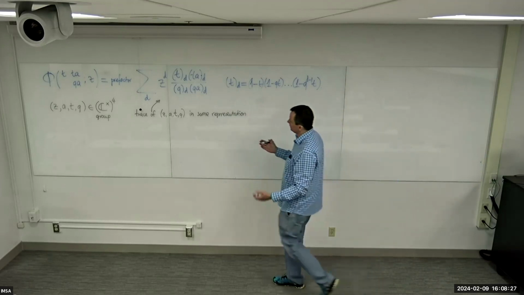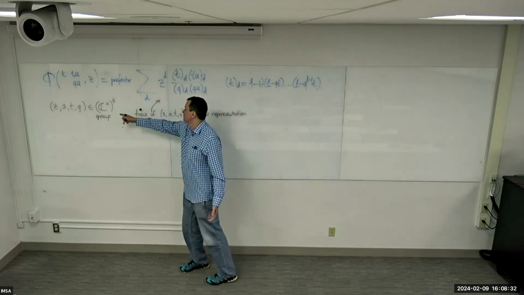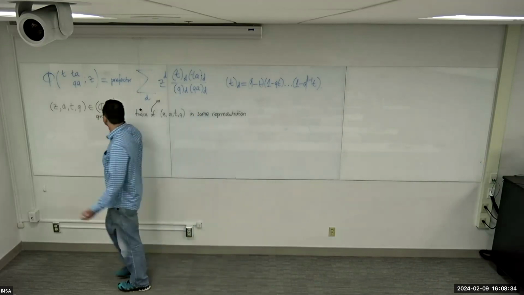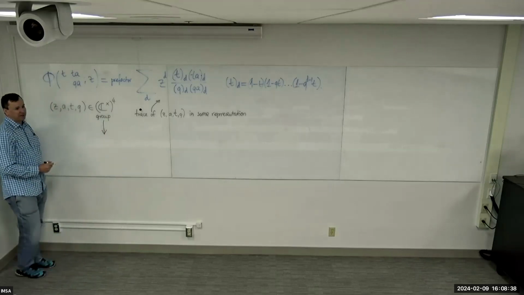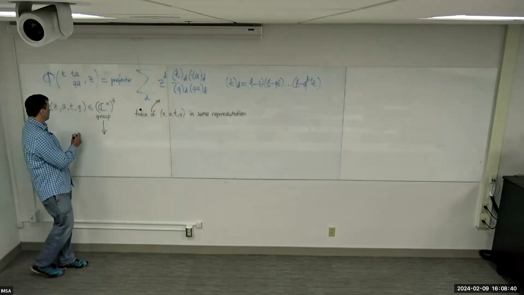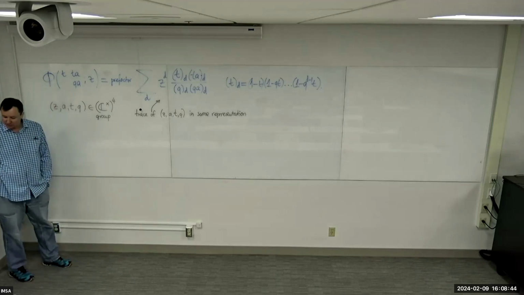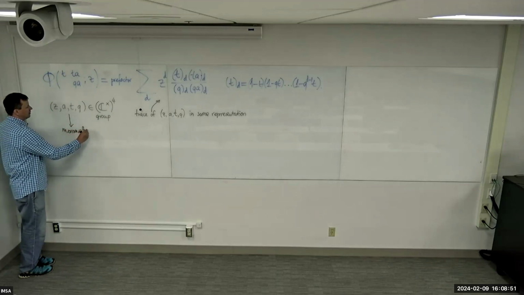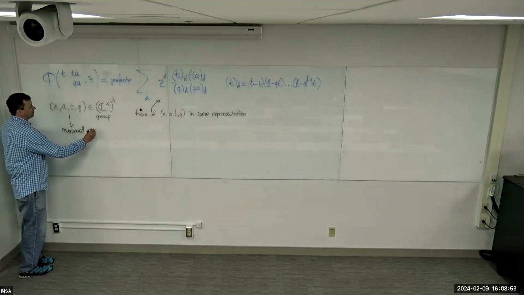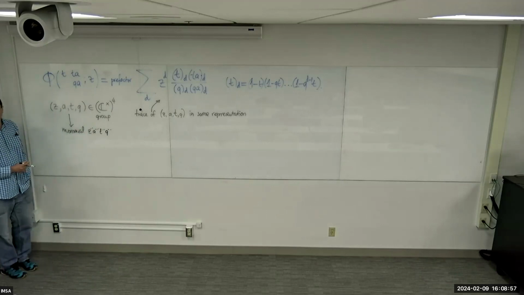So what does a finite dimensional representation mean? What are the representations? They're irreducible, they're all one-dimensional, and this 4-tuple just goes to some monomial, A to some power, T to some power, Q to some power.